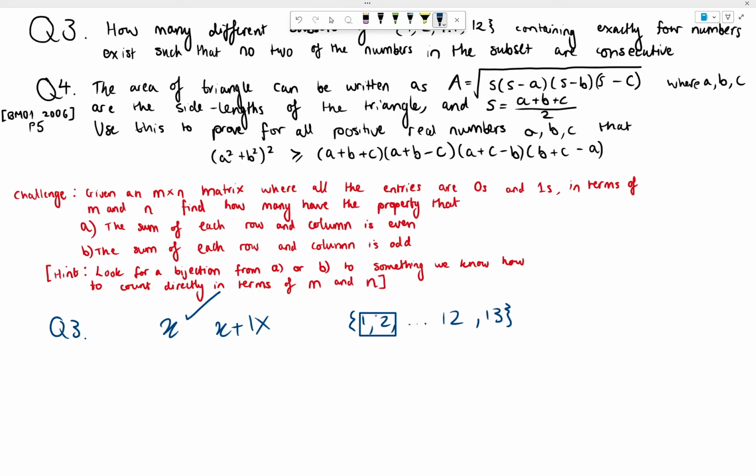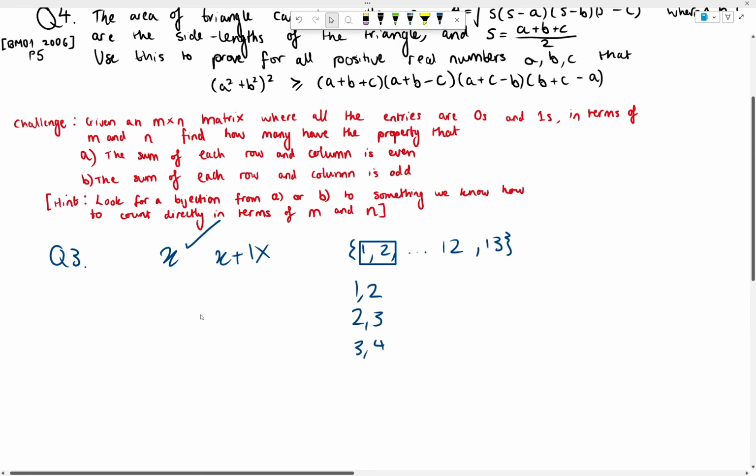So if we look at how many boxes there are, well, we have 1 and 2, 2 and 3, 3 and 4, all the way up until 12 and 13.